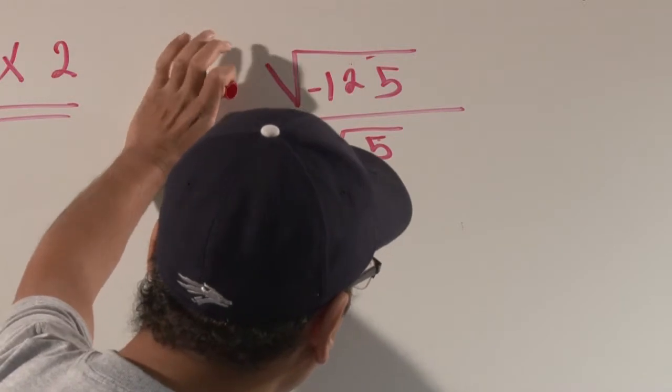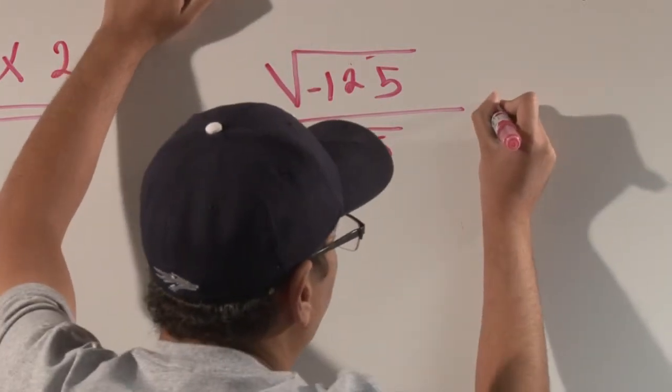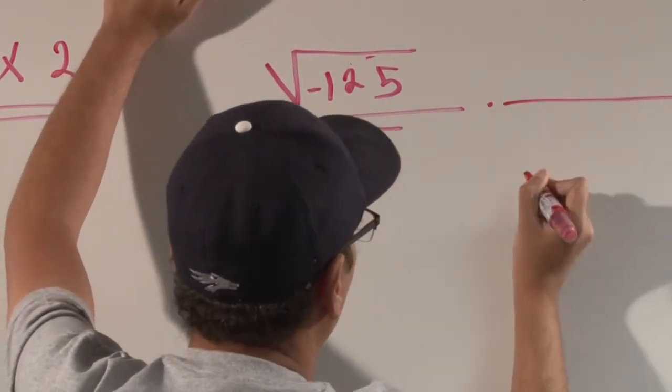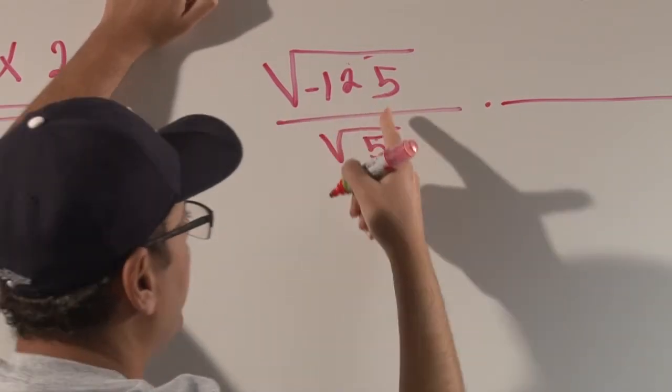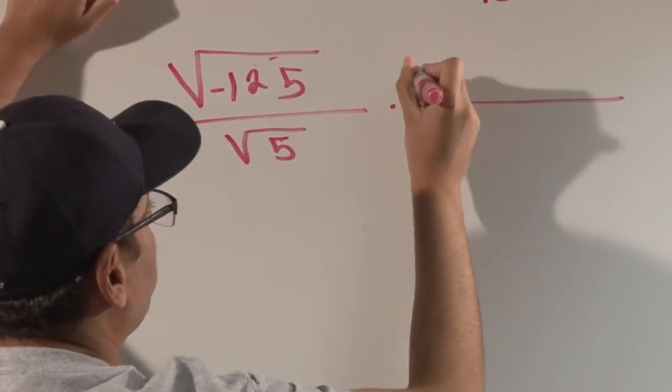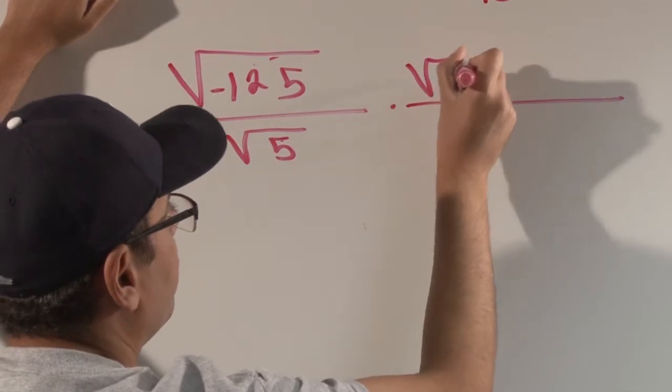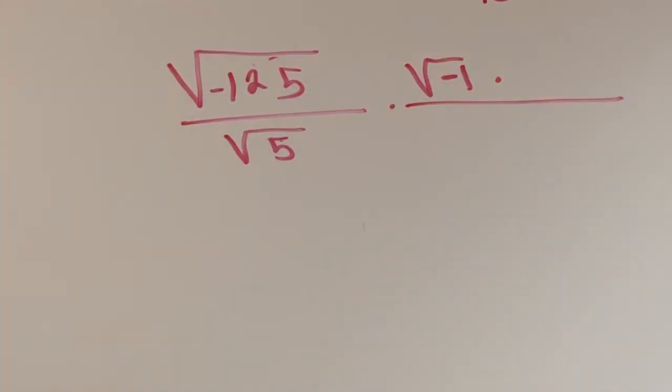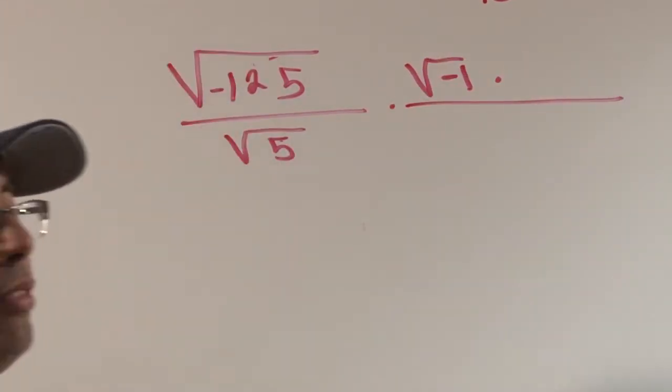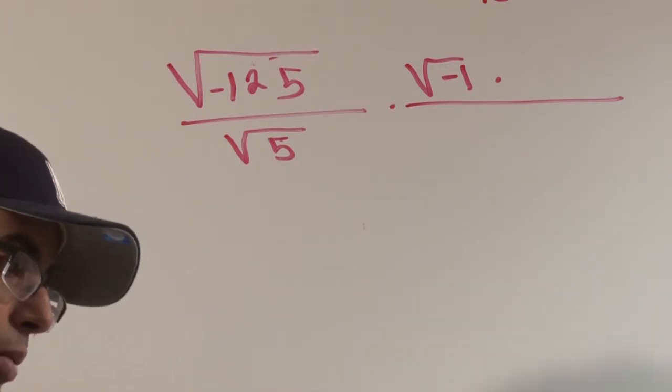So for the numerator, I can say that this is square root of negative 1 times... What's 125? It's 5 times 5 times 5.